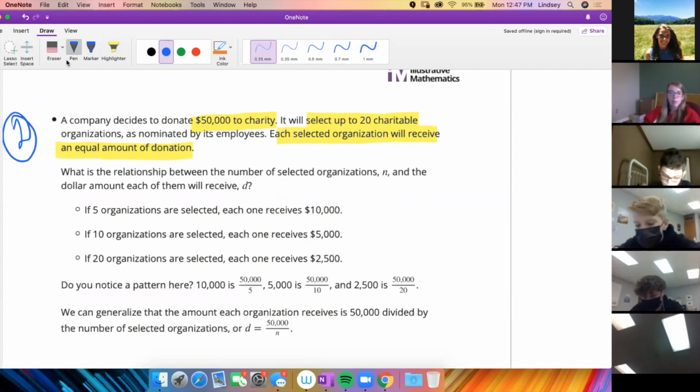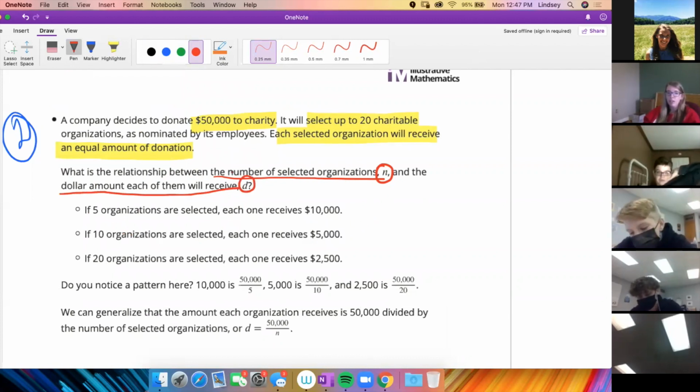It asks, what is the relationship between the number of selected organizations, which they have named N, and the dollar amount each will receive? When it talks about N, it's the number of selected organizations, and when it talks about D, it's the dollar amount each will receive.